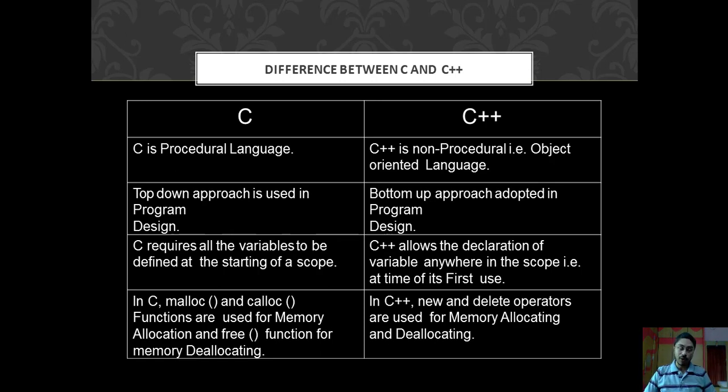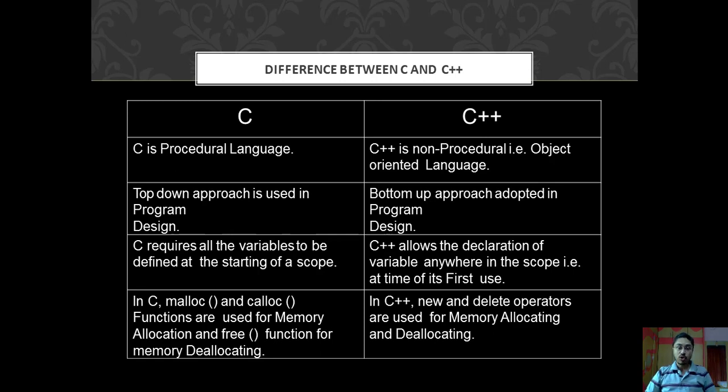So you start with the main problem, and then there is a control program. That control program will then call the small procedures which are required. In C we always start with the main function, and within the main function you write down the other functions which will be called later on. That's why it is called the top-down approach.